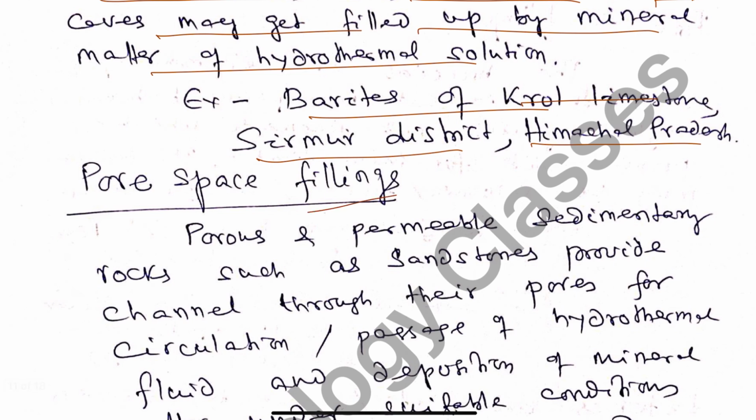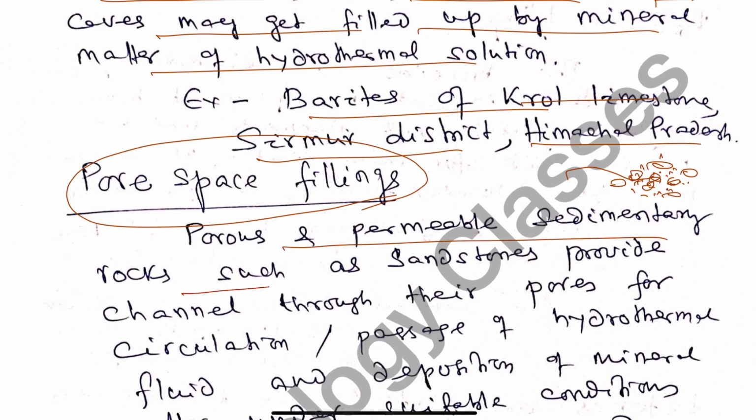Then let us discuss what pore space fillings are. Pore spaces are there in the sedimentary rocks. Sedimentary rocks are made out of sediments, and a number of pore spaces are available between the grains. These pore spaces are found to be filled up by mineralizing fluid passing through these porous rocks.